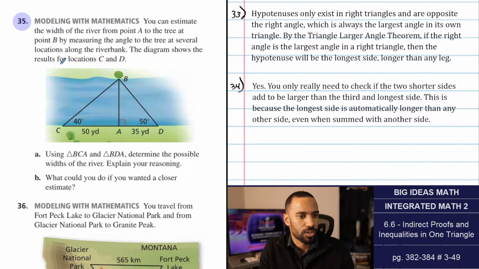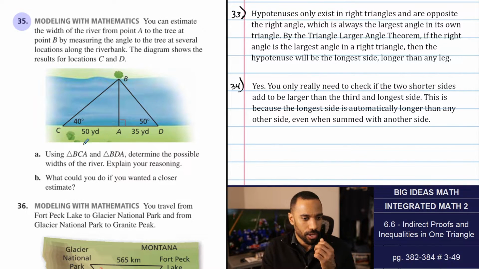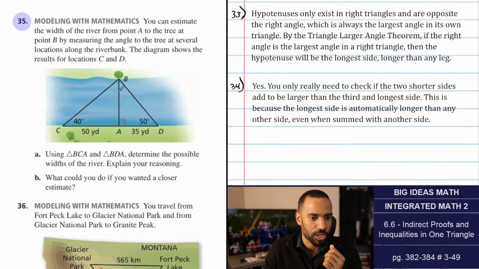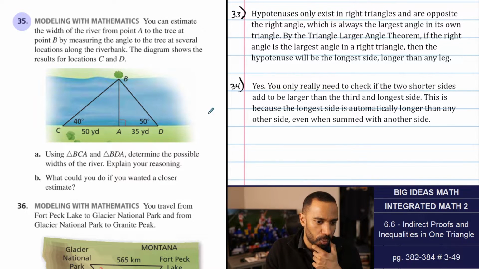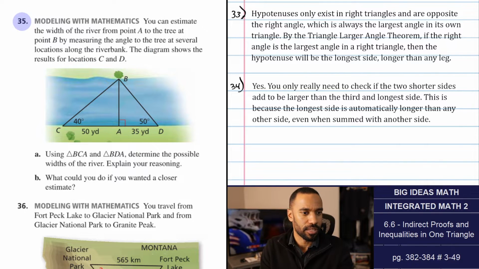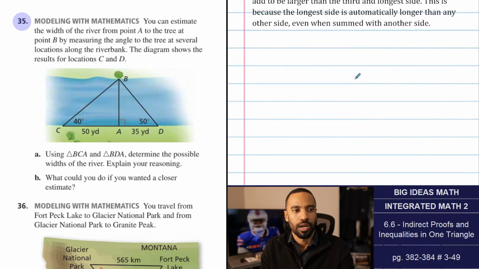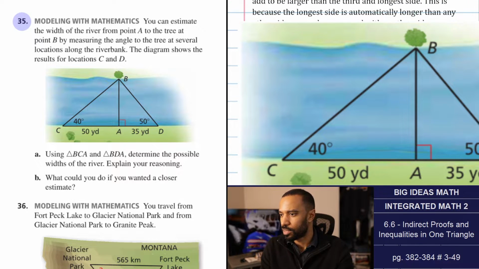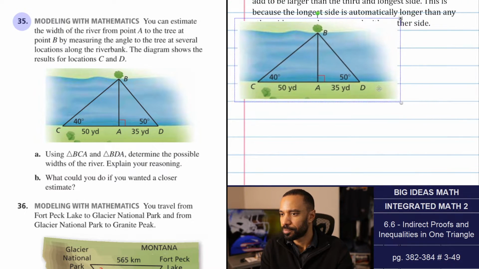The diagram shows the results for locations C and D. Using triangle BCA and triangle BDA, determine the possible widths of the river. Explain your reasoning. I'm going to bring this diagram over this time so we can play with it a little bit and see what we got. This is number 35, so I'm going to write that down in just a moment.